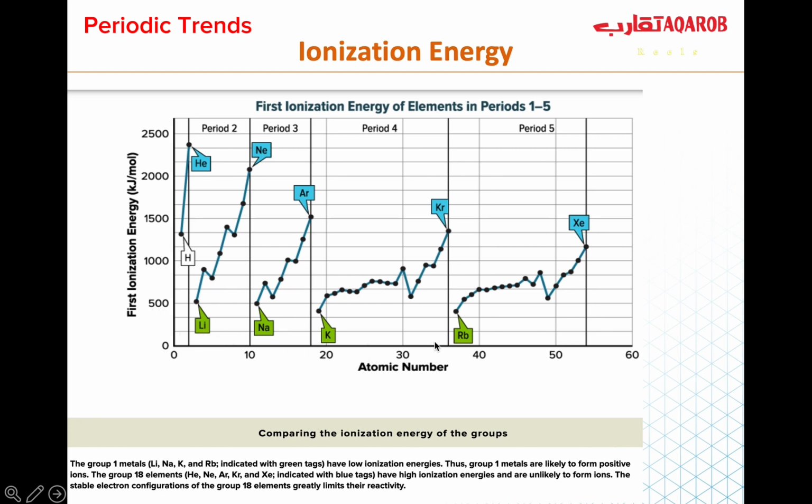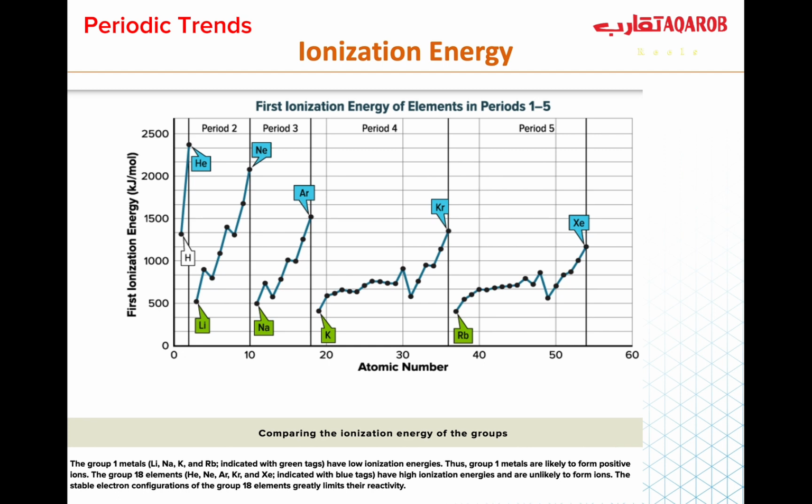Thus group 1 metals are likely to form positive ions, as we know that group 1 elements form positive 1 ions. The group 18 elements are indicated by the blue tags. These blue elements He, Ne, Ar, Kr, and Xe are the elements in which group? In group 18.